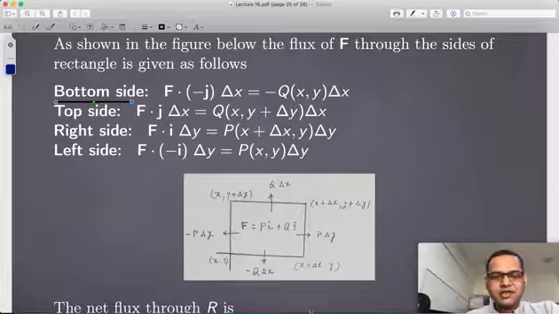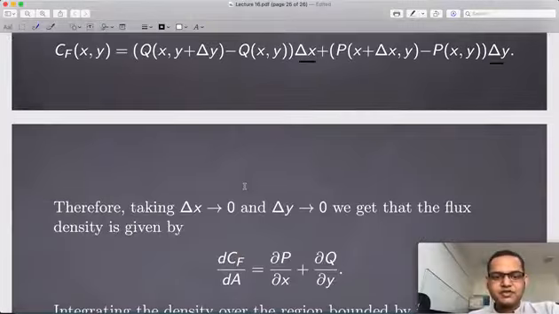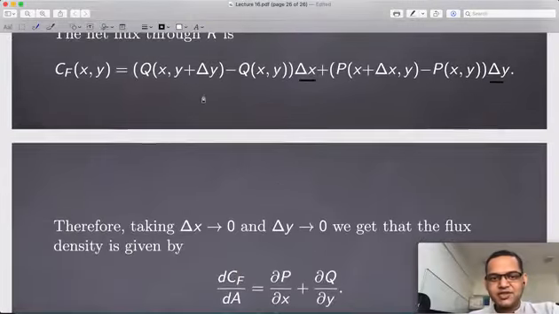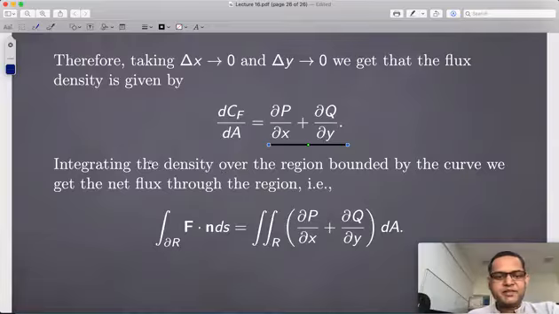So you put them together and collect the terms in delta x and delta y, and you get this. When you take delta x and delta y to 0, you get a partial derivative here and a partial derivative over here, and you precisely get this quantity. This is the density, because we have divided by the area.